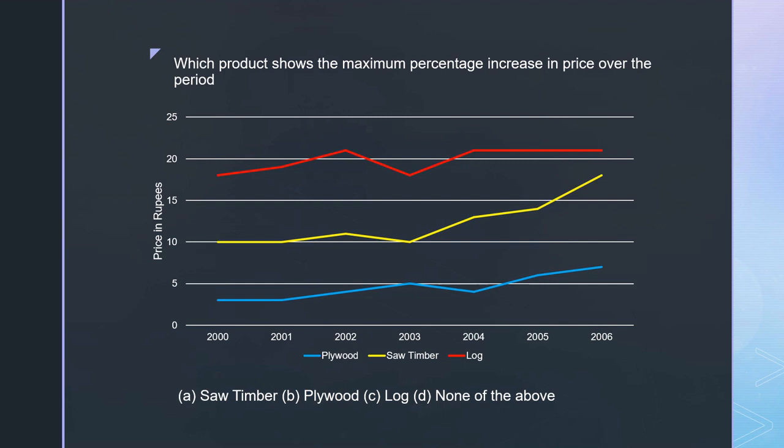In the next slide, here is the solution. The percentage increase of saw timber is 18 minus 10. 18 is the final value, that is in 2006, and 10 is the initial value, the 2000 value.